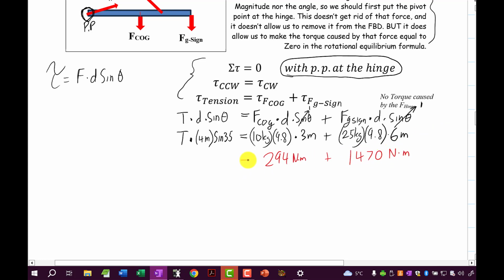On the left side here we have T, and then we have 4 times sine of 35, and that's 2.294 meters.